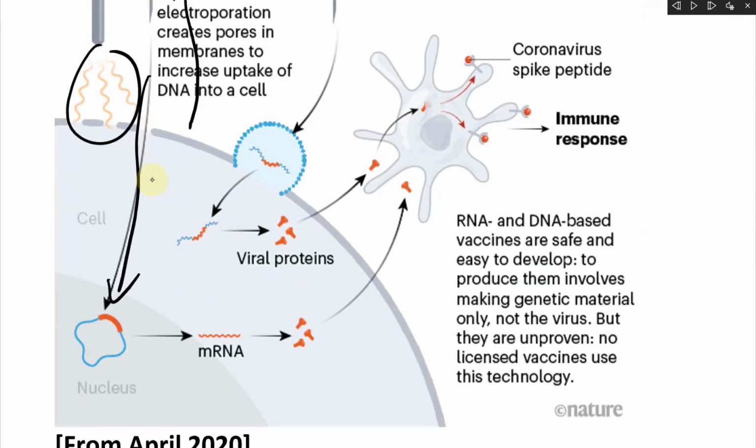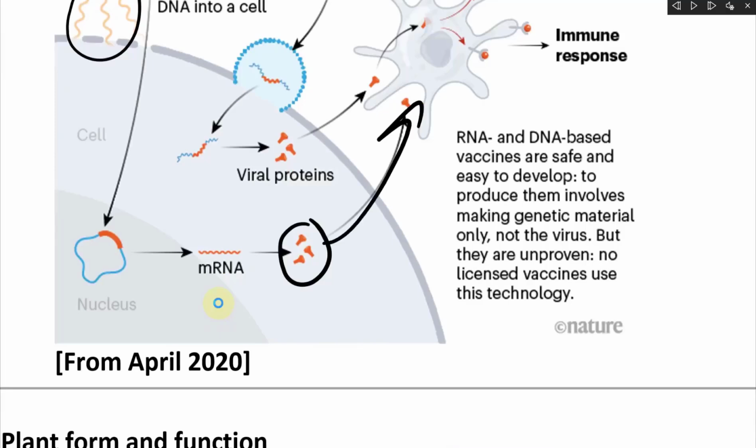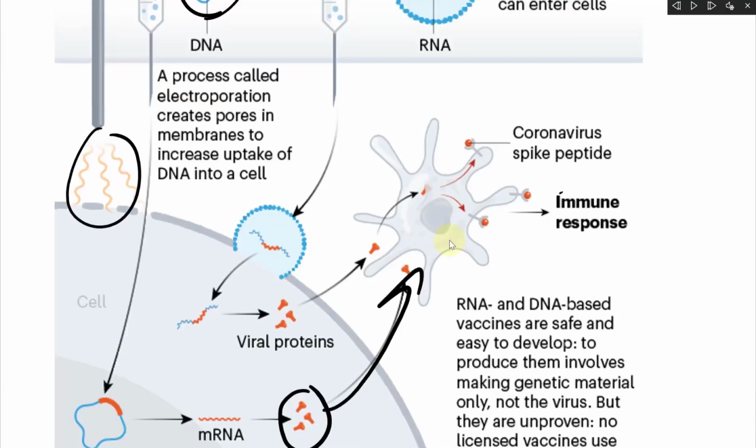Now the plasmid goes to the nucleus, and once it gets into the nucleus, it is transcribed into mRNA, and then this goes to ribosomes and translates into that specific spike protein, and then this goes into the antigen presenting cell for the immune response. Again, that's the same cycle.